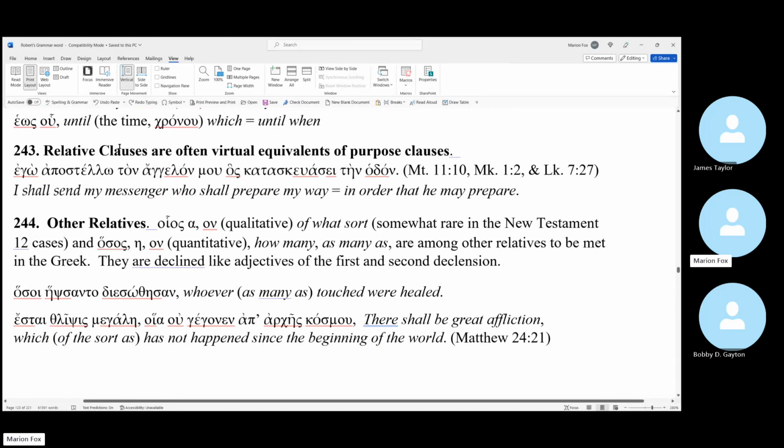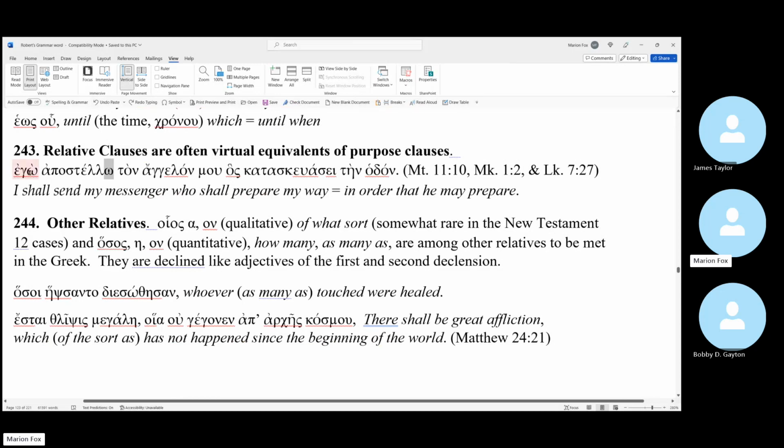Ego apostello ton angelon, hos kataskeuasei ten hodon. Right? I am sending... This is emphatic. Anytime you have ego with a verb, it already has its subject as the ending of the verb, that's the nominative singular ending.